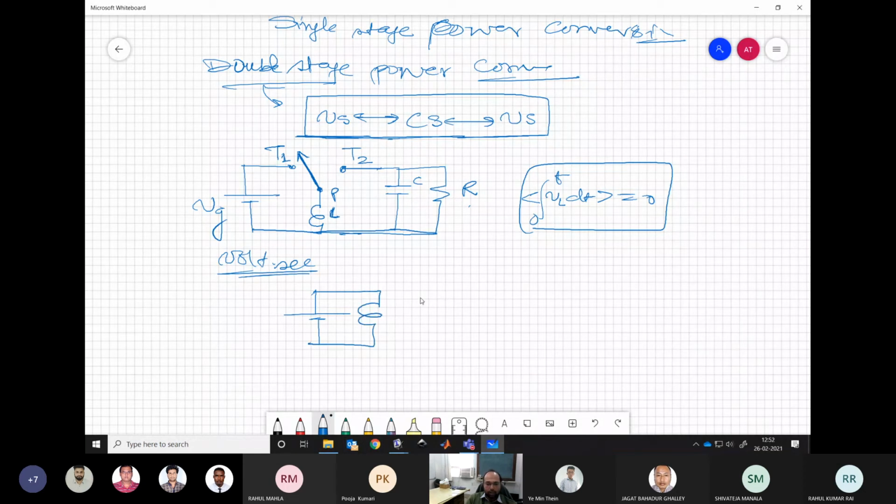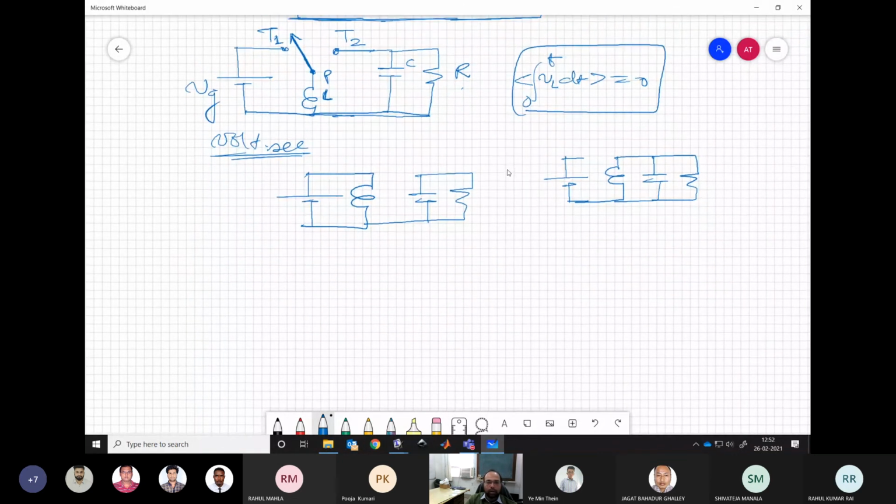That time the load is disconnected. In the second state, the source is disconnected and the inductor is connected across the load. Now let us say what is happening. Let's say our output is V0 and input is Vg.